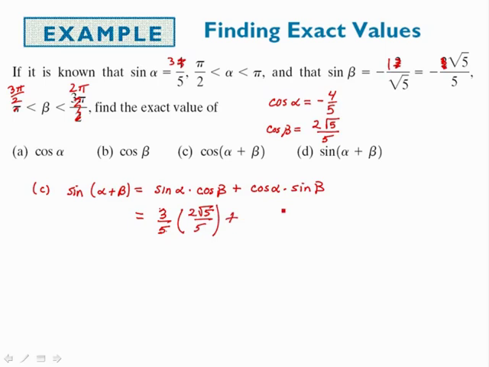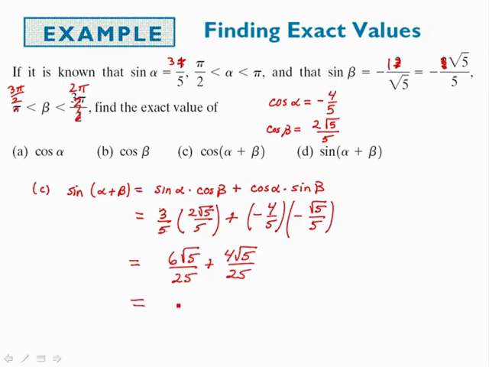Plus cosine of alpha is -4/5. Sine of beta is -root 5 over 5. And so here we're going to get 6 root 5 over 25 plus 4 root 5 over 25 is 10 root 5 over 25, which is 2 root 5 over 5.